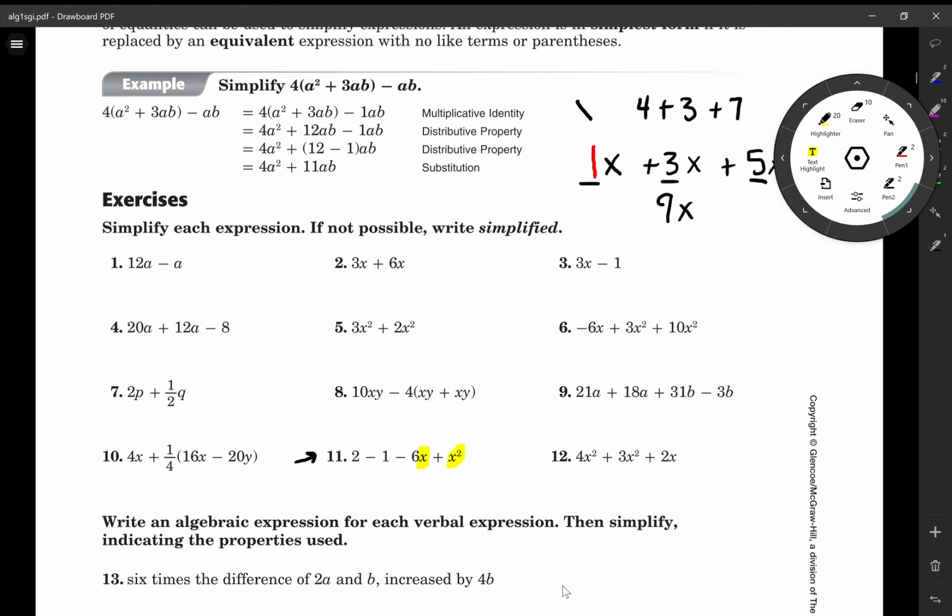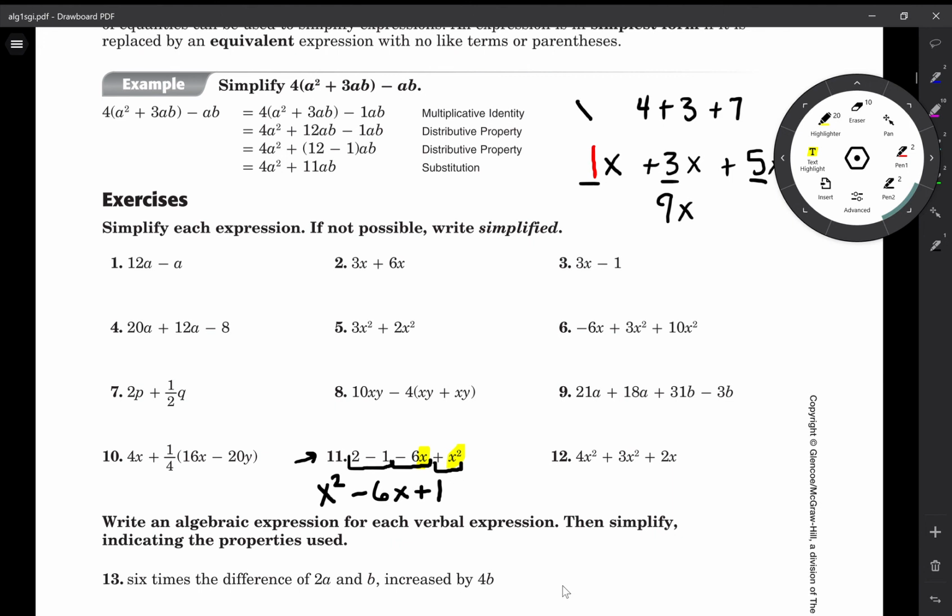So we're just going to leave x squared by itself because nothing changes with that. It's a positive x squared because you take the sign in front of it. We also have this minus 6x, so we're going to say minus 6x because there are no other plain x's that go with it. But then we have this last piece where we have a 2 minus 1. So 2 minus 1 is 1, and it's a positive 1, so we would put a plus 1 in between.